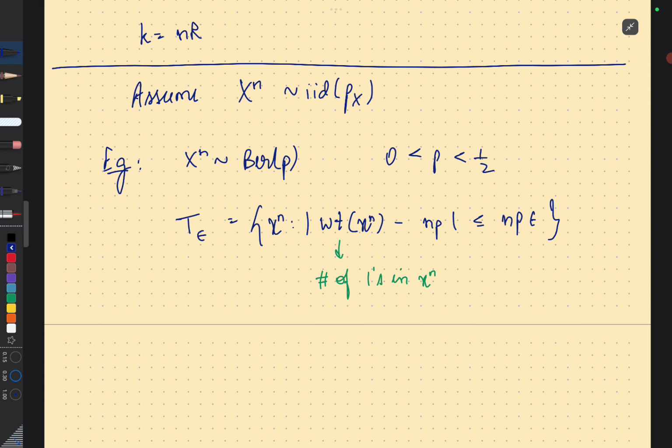Okay. What can you say about this particular set, or what can you say about the probability of this particular set, if n is large? It's not equal to 1, but something that tends to 1 as n goes to infinity. Right?